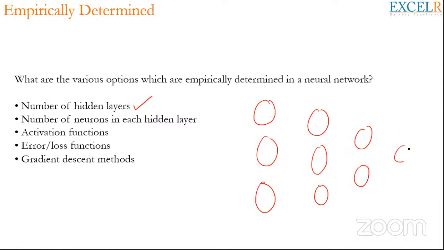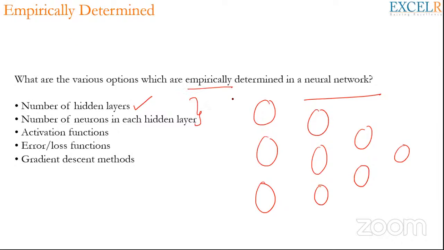For example, how do you know that we have to use only 3 neurons in this hidden layer? How do you know only 2 neurons have to be used in this hidden layer? First of all, how do you know that only 2 hidden layers have to be used? Those are called hyperparameter tuning of the network. And these have to be determined empirically.